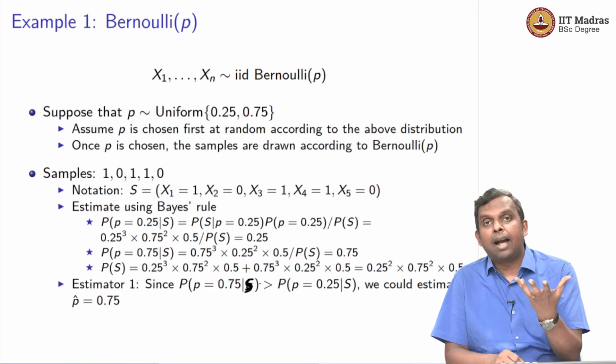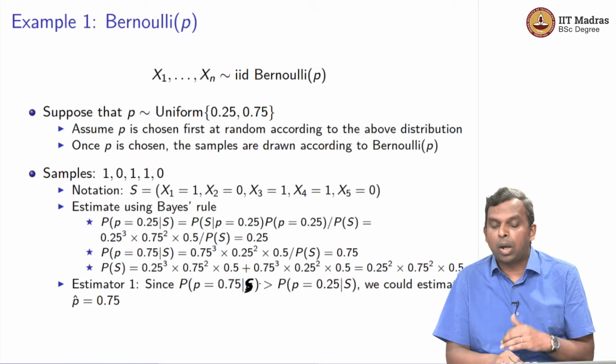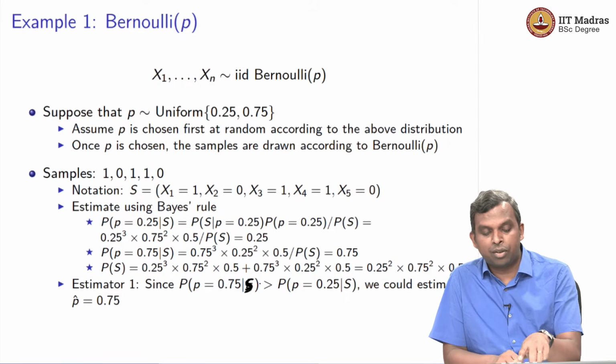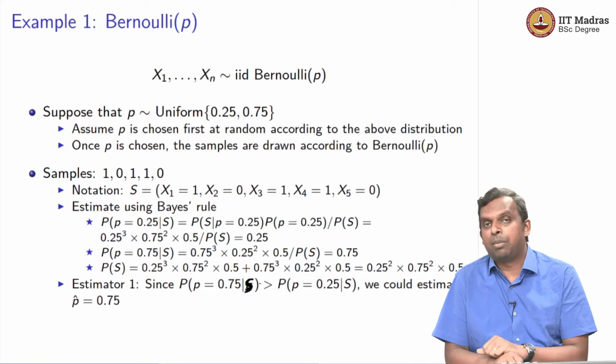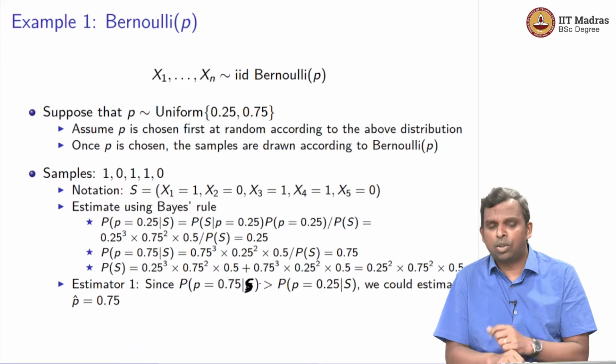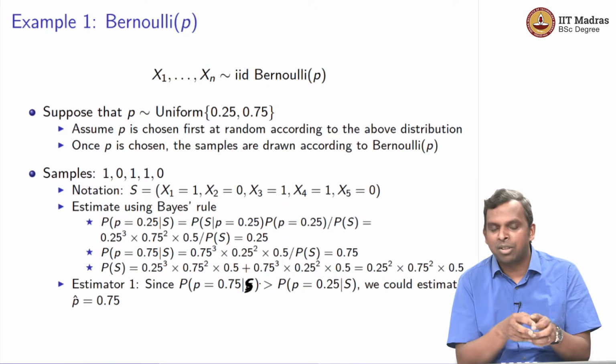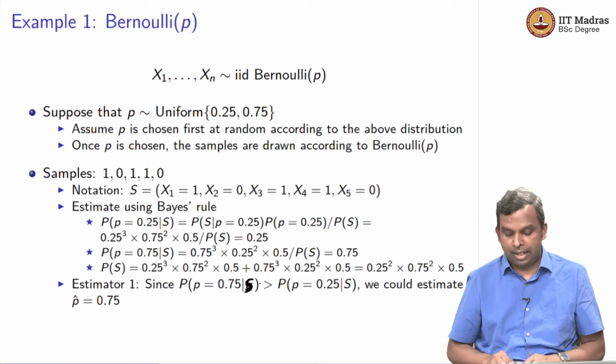Whichever is bigger, I will estimate it to be that. So, that is one approach to deciding an estimator. If the probability that P equals 0.75 given S is greater than the probability that P equals 0.25 given S, I will estimate it as 0.75. This is strongly using the distribution of P, the 0.25 and 0.75.